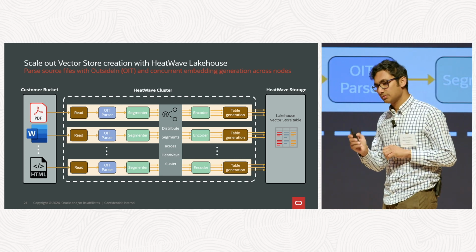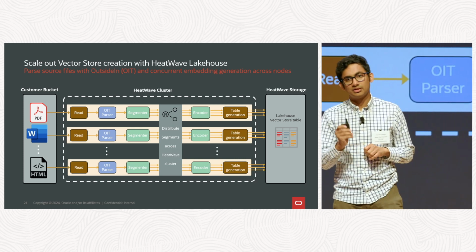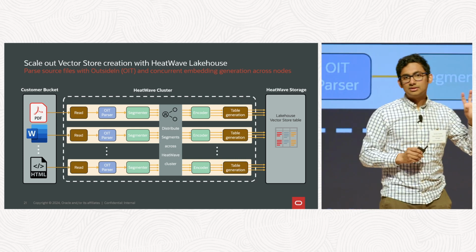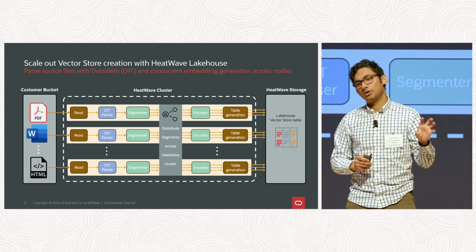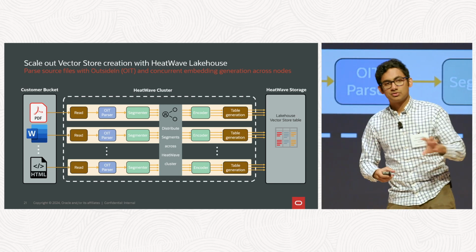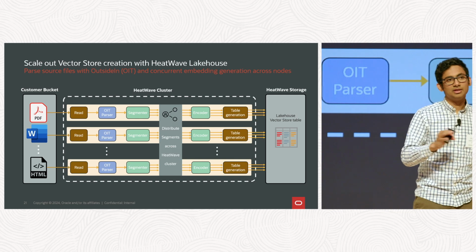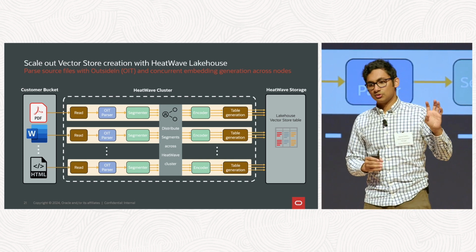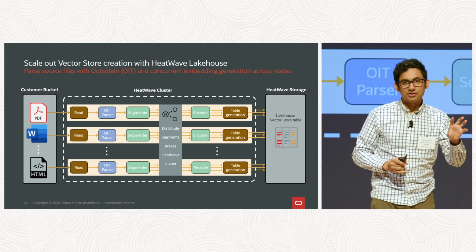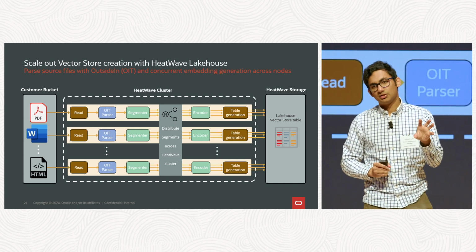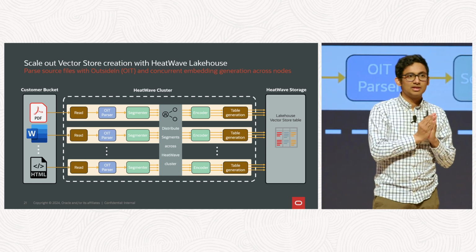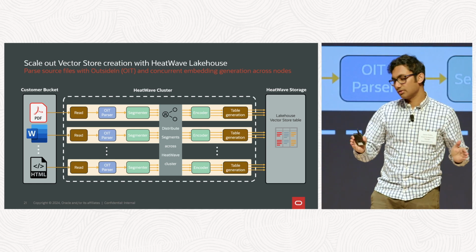What is important here is that because we have integrated this pipeline in HeatWave, we are able to marry the different phases of this ingestion pipeline so that they are optimized to work well as an end-to-end pipeline. The parsing and the segmentation, the batch size we need to create embeddings out of it, all of it is tuned in a vertically integrated fashion.